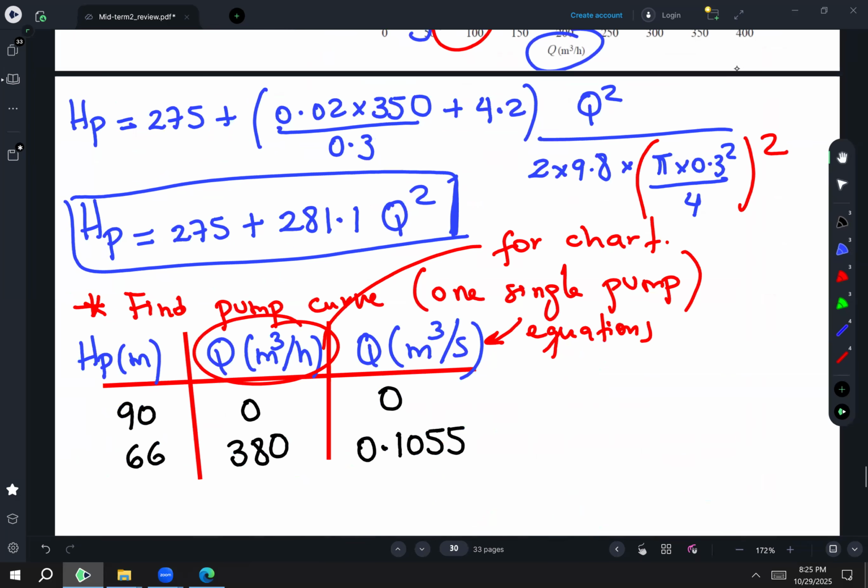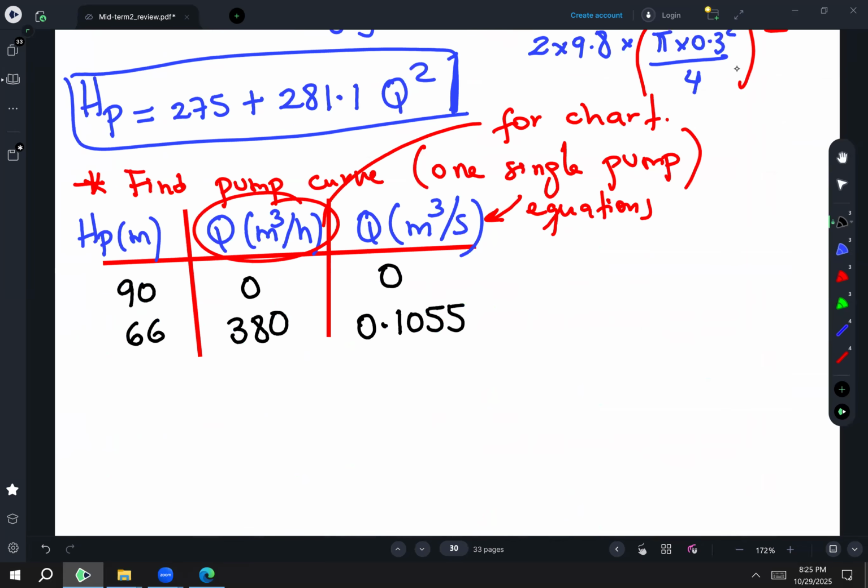So this is 80, and this will be 295. And 295 divided by 3,600 gives me a value of 0.082.